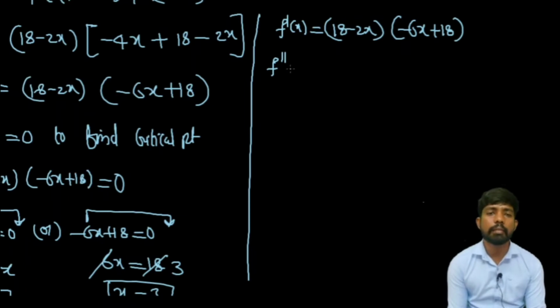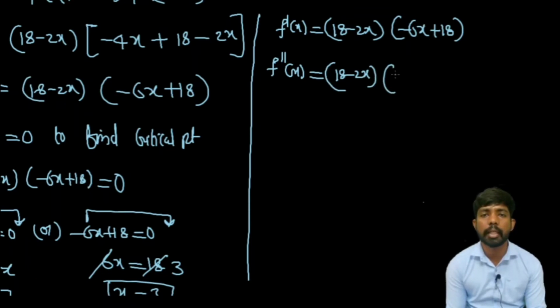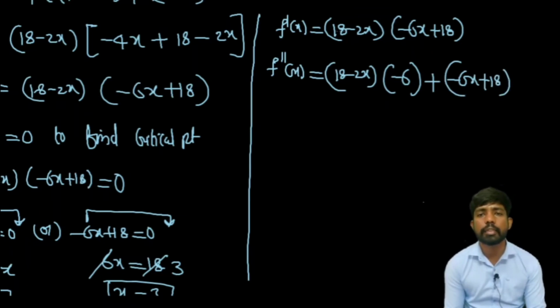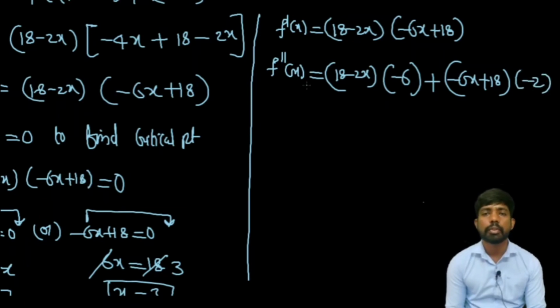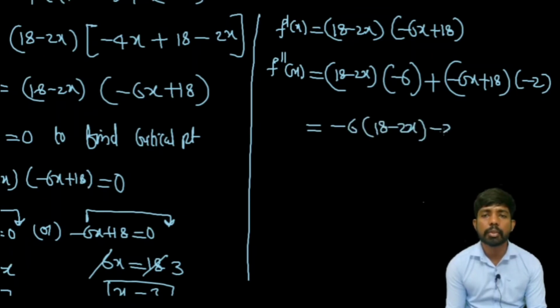Now double differentiation is the UV rule again: U V dash, differentiation of x is 1, minus 6; differentiation of the constant is 0, therefore I am not writing it; plus V U dash. U dash is minus 2, since differentiation of the constant is 0 and differentiation of x is 1. So clearly we get minus 6 into (18 minus 2x) minus 2 into (minus 6x plus 18).